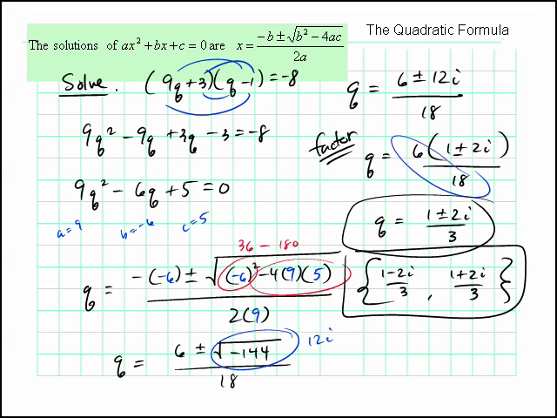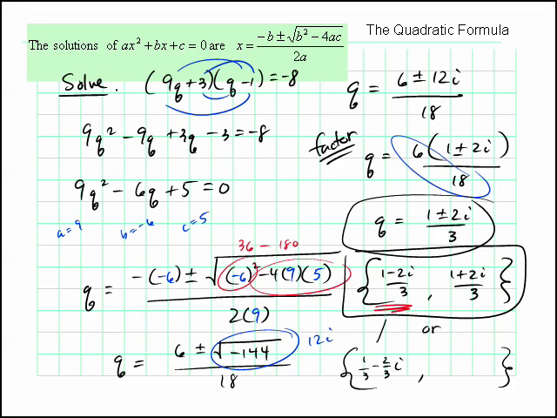There they are. If I choose, I could write those in what's called a plus bi form, in complex number form, and this would also be acceptable as our answers. If I split it up, I can put the 3 under the 1 and the 2i. I could write that as 1 over 3 minus 2 over 3i.